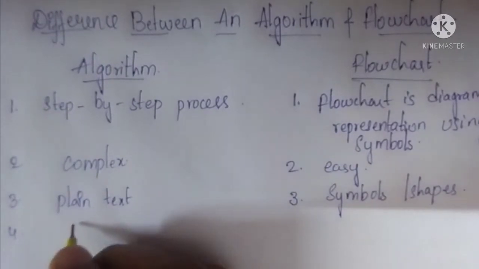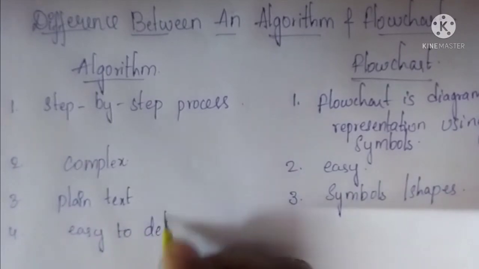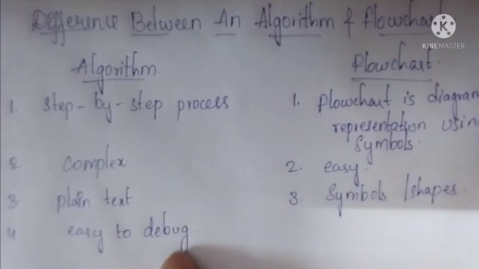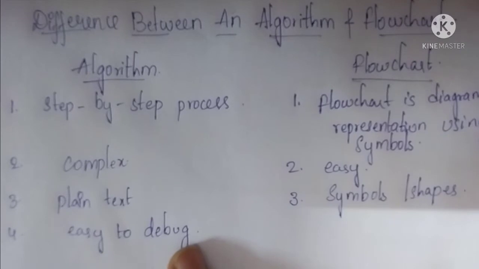The next difference is, an algorithm is very easy to debug. What is meant by debug? A bug is an error, and after getting an error we have to rectify it. In an algorithm, it is very easy to debug, meaning if you have any errors after writing an algorithm, we can easily rectify them.